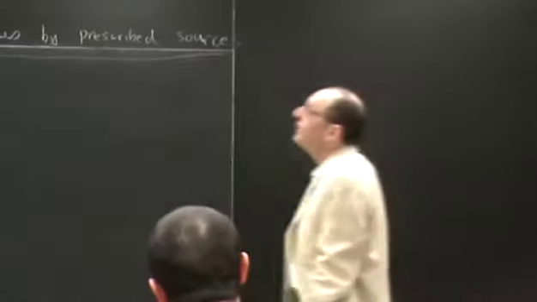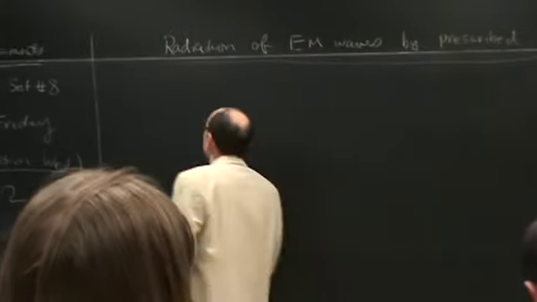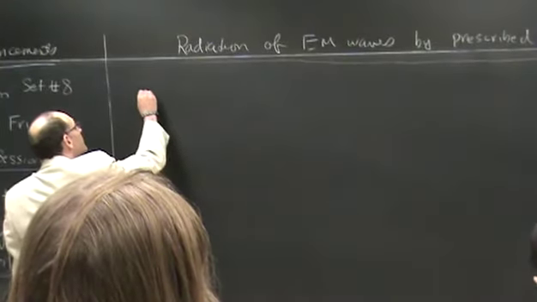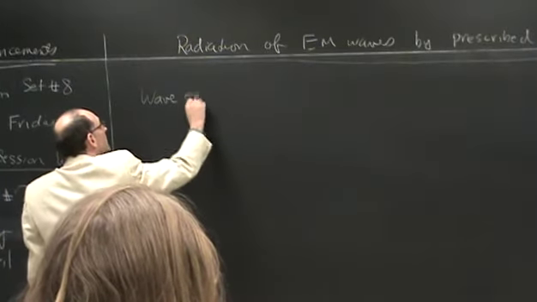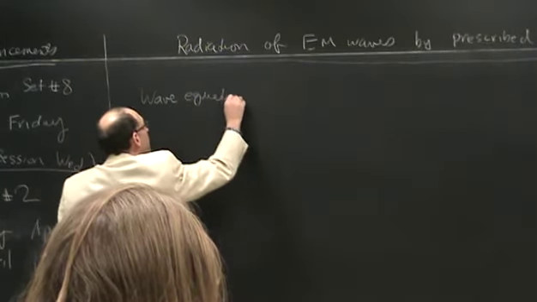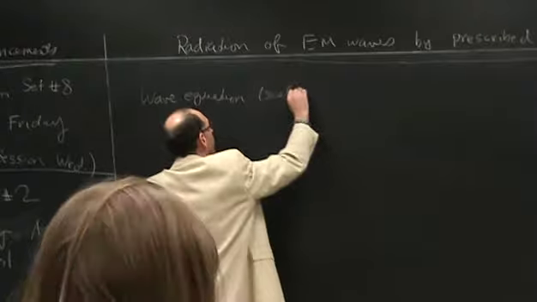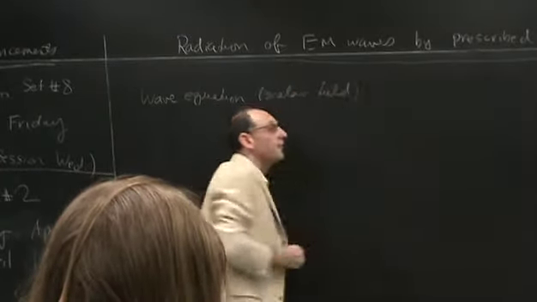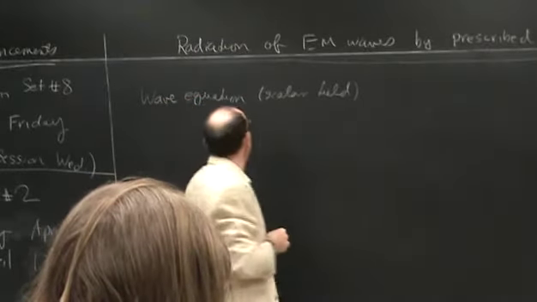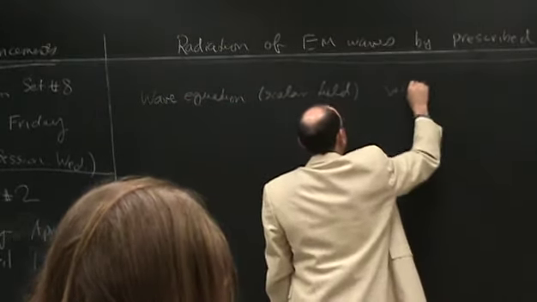To do that, let's first think about the wave equation. Let's just for the moment think about it for a scalar field. Let's forget about the vector nature of the wave, with the source.